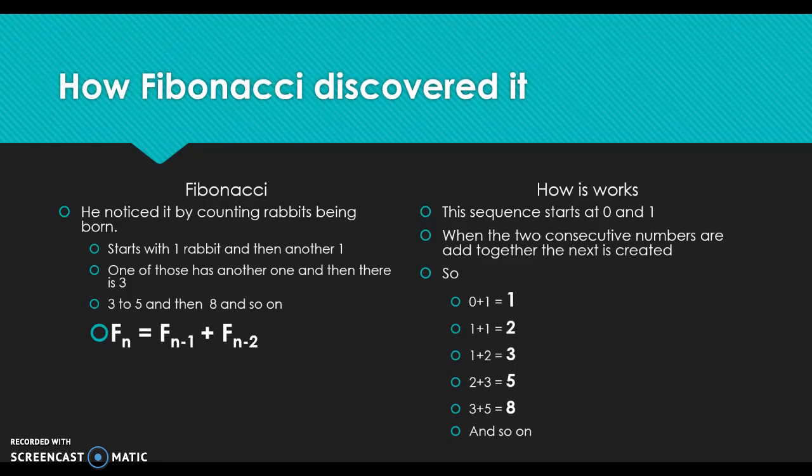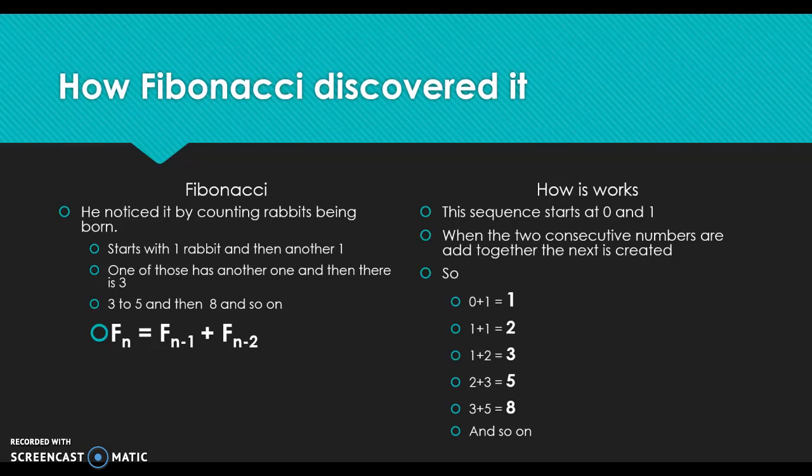So he made up the formula, Fn, n being the number in the sequence. So if n equals 3, it would be not 0, not 1, but 1, and then F(n) equals F(n minus 1) plus F(n minus 2).